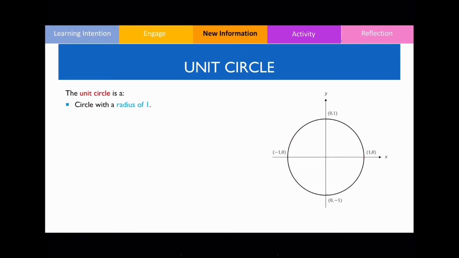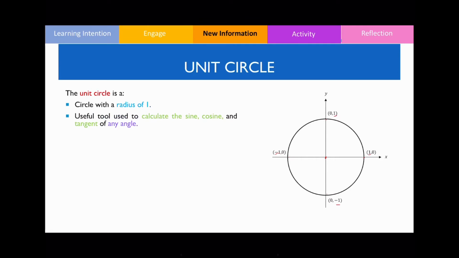Because the radius is 1, the distance from this point to this point is going to be 0, 1, because 1 is the y value, so that's why the 1's over here. This is going to be 1 because that's along the x-axis, and this is going to be negative in these directions over here.